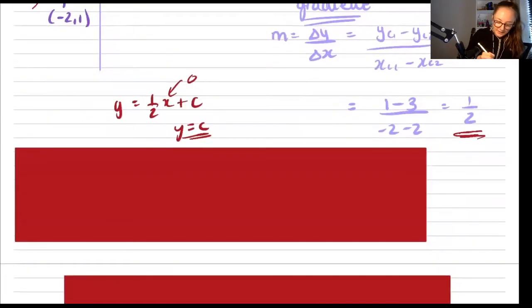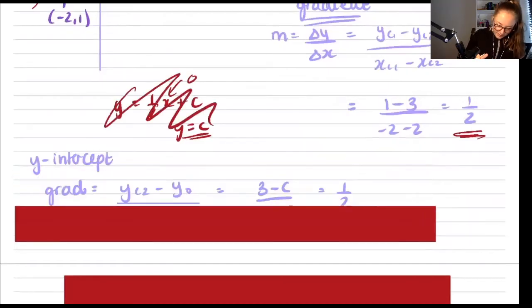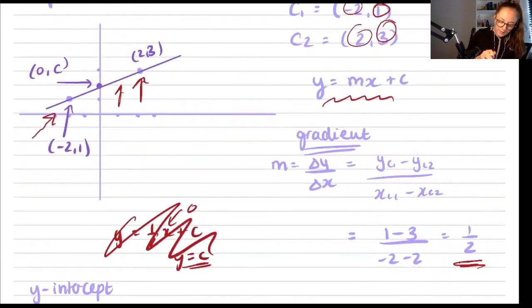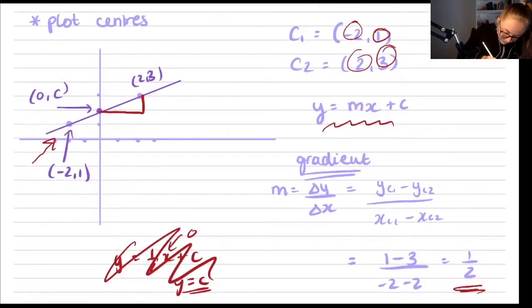So what we need to do is use the gradient that we just worked out, but take it to be between these points instead. So our 2 points that we are referring to will now be C2, and I'll call this C0, or just C origin, I suppose.